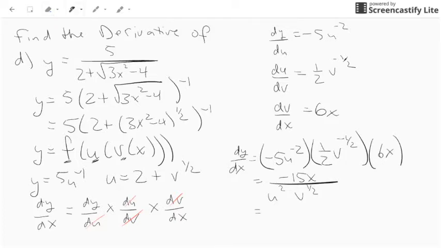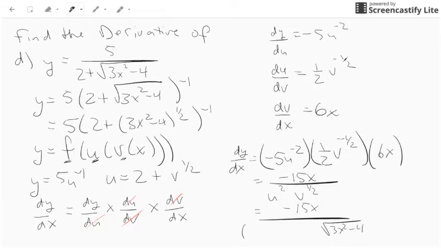So now this is going to be negative 15x over, well, v to the 1/2 here. v is going to be, I had said it was 3x squared minus 4. So it's going to be the square root of 3x squared minus 4. u, on the other hand, was 2 plus v to the 1/2. Remember this is going to be u squared.